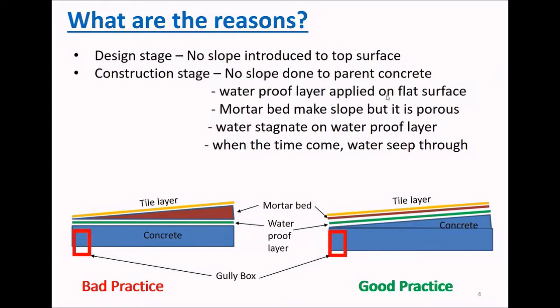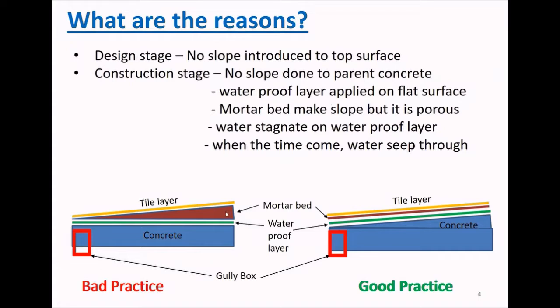And sometimes the waterproof layer is applied on a flat surface. You see this left-hand animation picture that I have given, this bad practice and the good practice here. In the bad practice, the parent concrete is not sloped, it is flat. Our waterproofing people apply waterproofing on this flat surface.